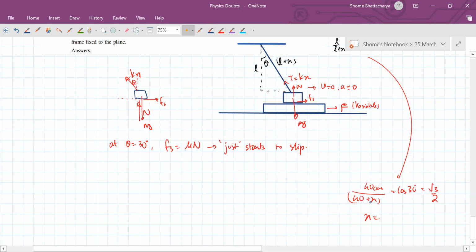So 2 by root 3 times 40 is equal to 40 plus x. So 2 by root 3 minus 1 times 40 centimeters. This is the value of x.